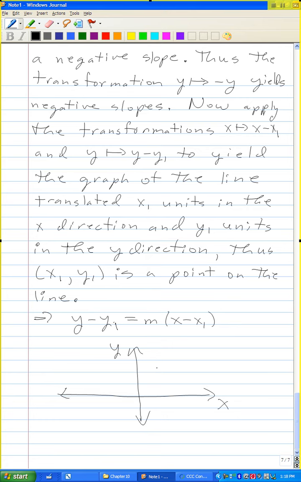It passes through a point x1, y1, and it has, say, slope of m. Back in chapter 3, we called this the point slope form for the equation of a line. And so, yes, that all makes sense. And that's why back in chapter 3, we had all these weird signs of minuses and all that, because we were doing a translation.